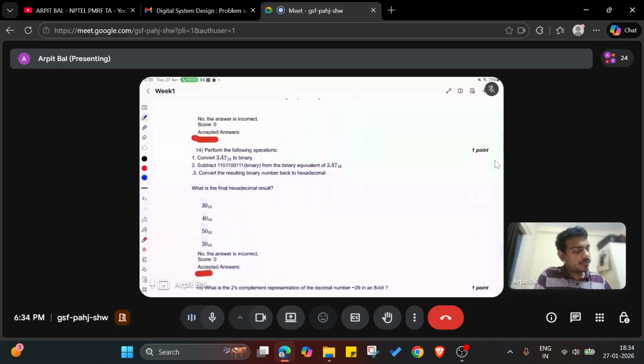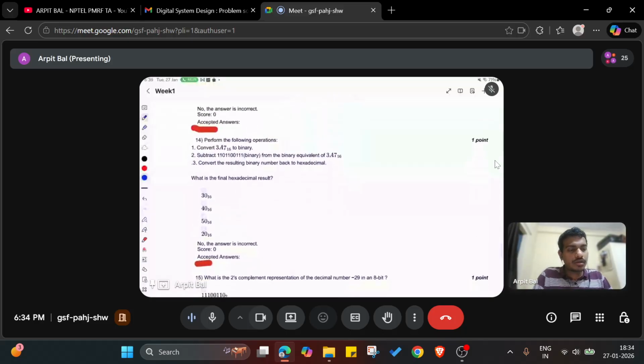Okay, so moving on to question number 14: convert 3A7 hex to binary. Hex you can also write as 0x3A7, or you can just mention it like this. We have already done similar examples.